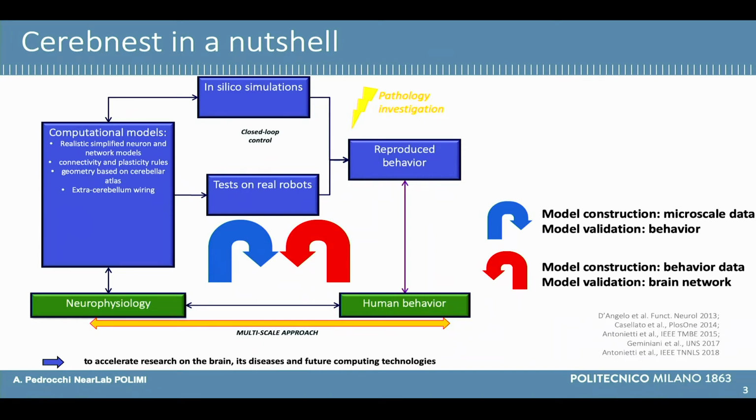So neurorobotics represents one of the possible links between data and models. And what is the hallmark of neurorobots? It's that the robotic behavior mimics the features of brain-controlled behavior.